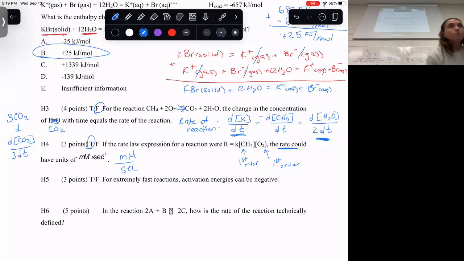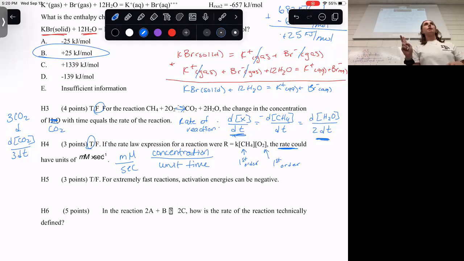The rate that we're looking for here will always have units of concentration over some unit of time. Your lowercase k here will have the units to cancel out those two concentrations that you're multiplying on top, to get you to one concentration on the top.